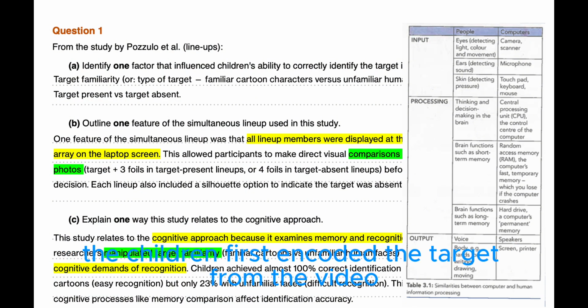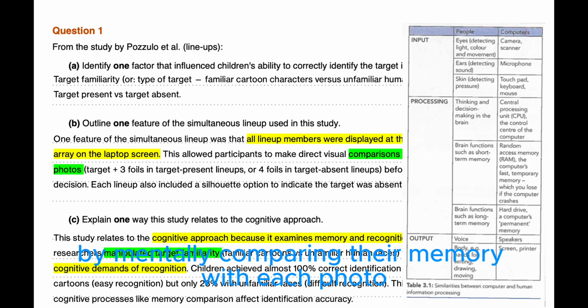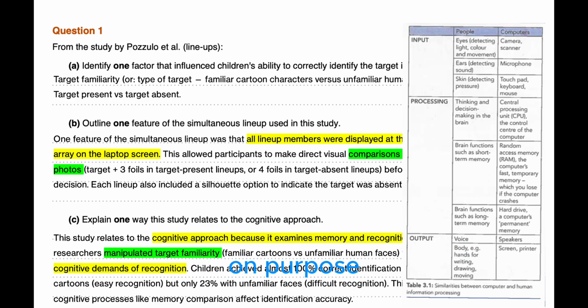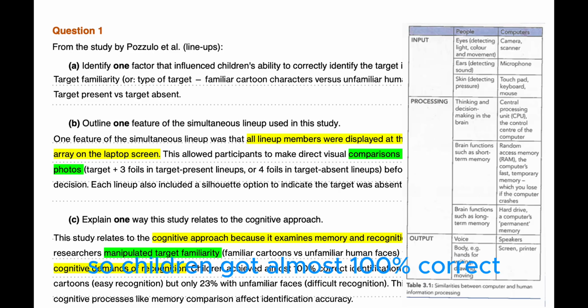The children first encoded the target from the video. Later, they had to recognize it in the lineup by mentally comparing their memory with each photo. The researchers made the task easier or harder on purpose. With familiar cartoons, encoding and recognition were straightforward, so children got almost 100% correct.